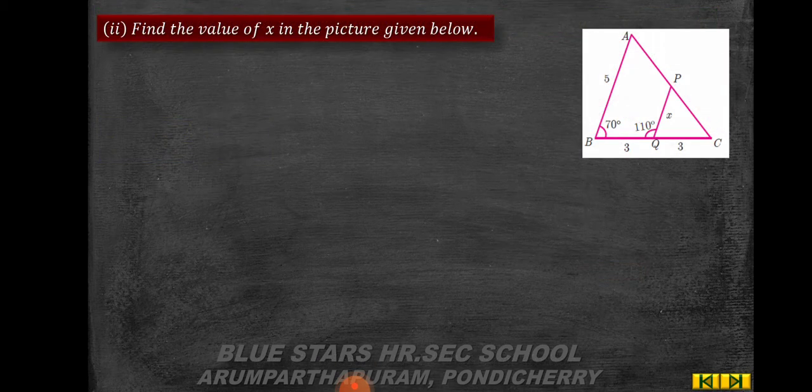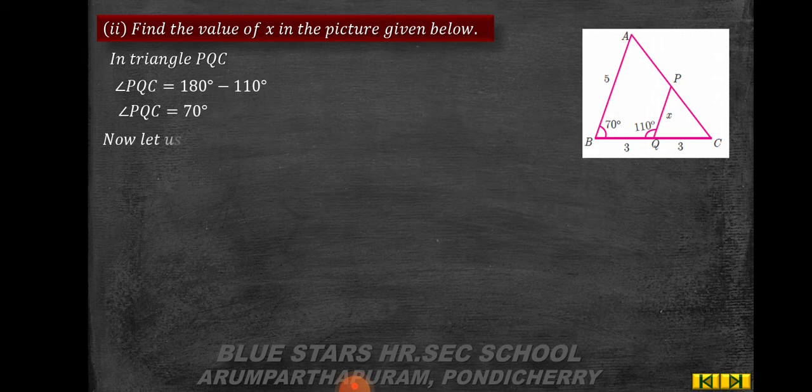So, second subdivision, find the value of x in the picture given below. So, this is the picture, you have to find the value of x, that is PQ. So, in triangle PQC, angle PQC is equal to 180 degree minus 110 degree. So angle PQC is equal to 70 degree.